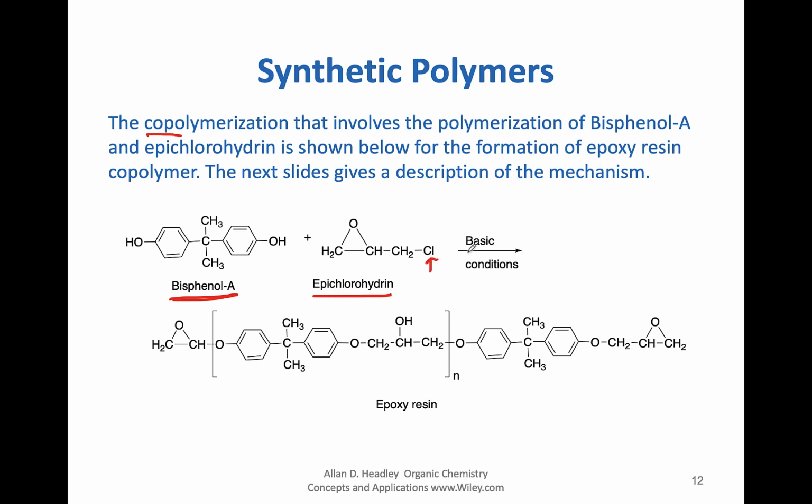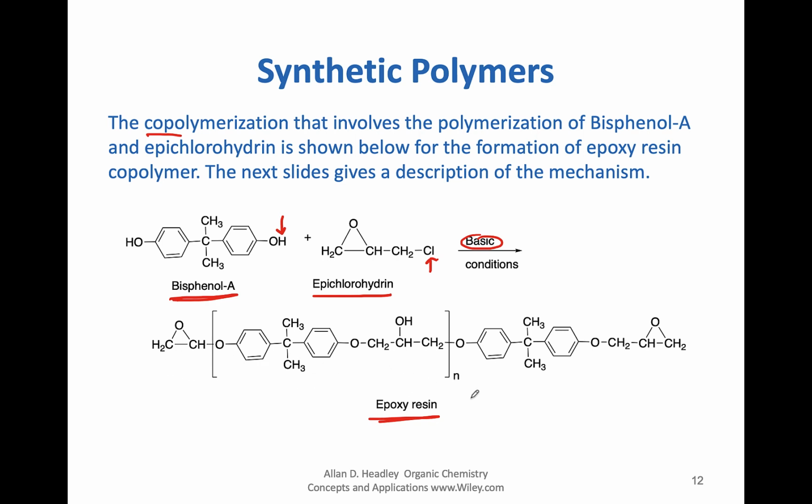So in a base, as you can imagine, this is the acidic hydrogen. So it will take off, or abstract, this hydrogen to form a conjugate base. It will react here. By the way, the mechanism is on the next page. Next slide. It will react here and keep going until we have an epoxy resin here.